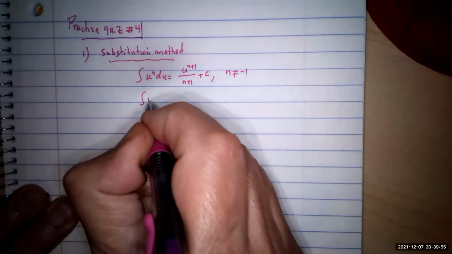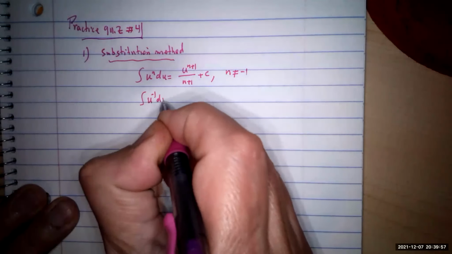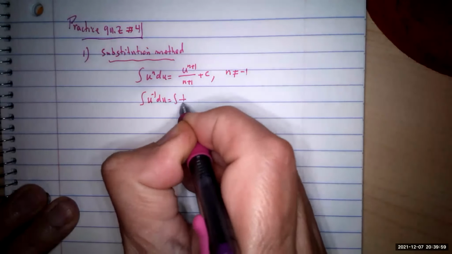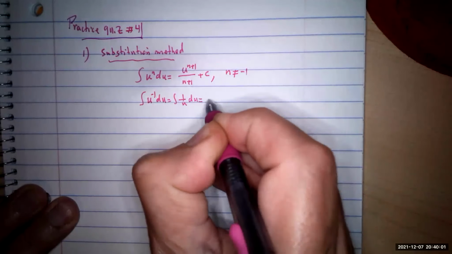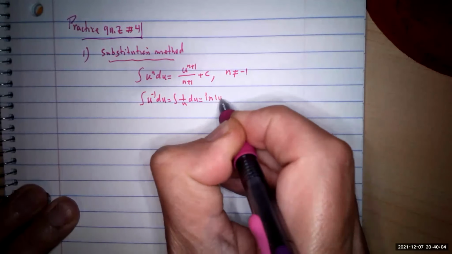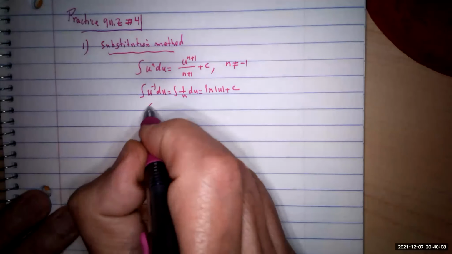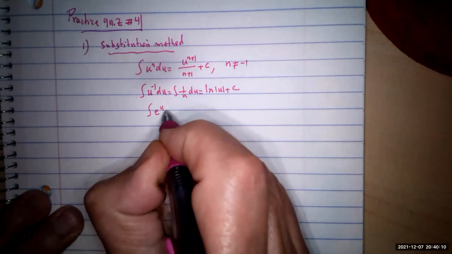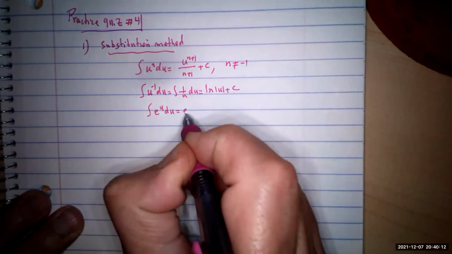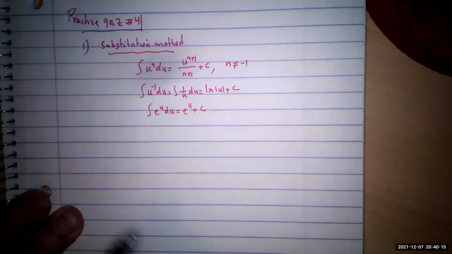If it happens to be -1, u to the -1 would be the integral of 1 over u du, which is ln of the absolute value of u plus c. And if you have the e function, the integral of e to the u du is simply e to the u plus c.